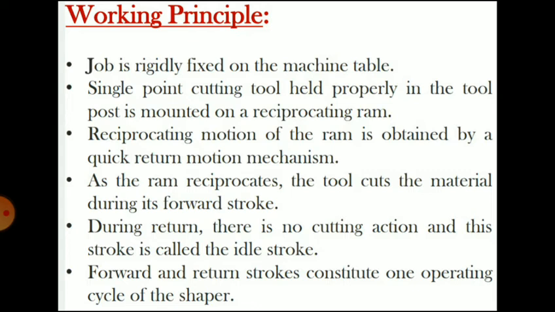As the ram reciprocates, the tool cuts the material during its forward stroke. During return, there is no cutting action, and this stroke is called an idle stroke. Forward and return strokes constitute one operating cycle of the shaper. These are the working steps on a shaping machine.